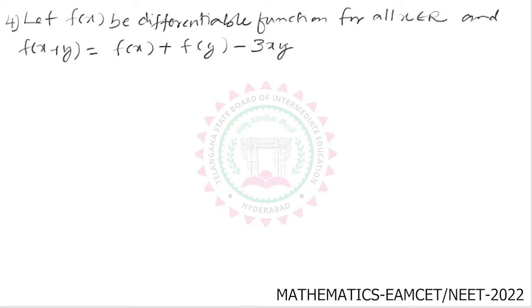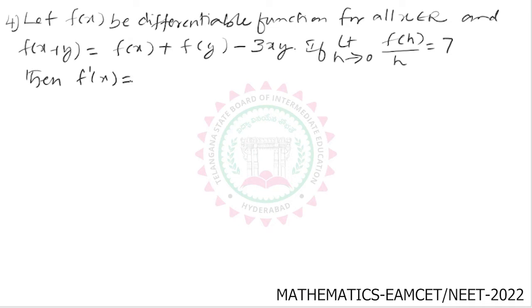Okay, and if limit h tending to 0, f h by h, this is also defined in the problem, f h by h is equal to 7, then we have to find the value of f dash x.